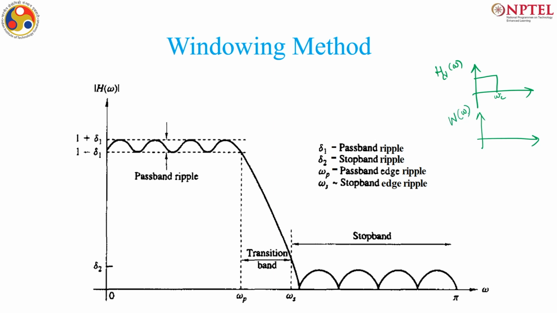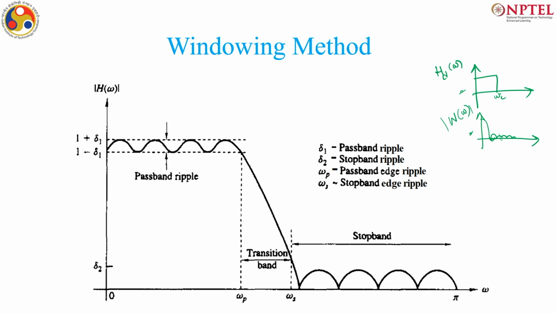The window is a box function, so I will get the magnitude spectra, which will be a sinc. Sinc is like this, but since this is magnitude, everything will be positive. Now, if I do a convolution of this with this, what will happen? We get something like this, where the ideal response is no more ideal, but is a practical response.